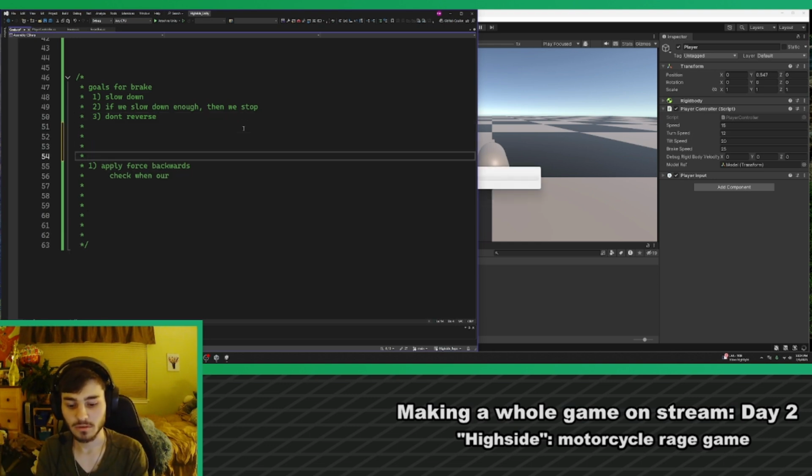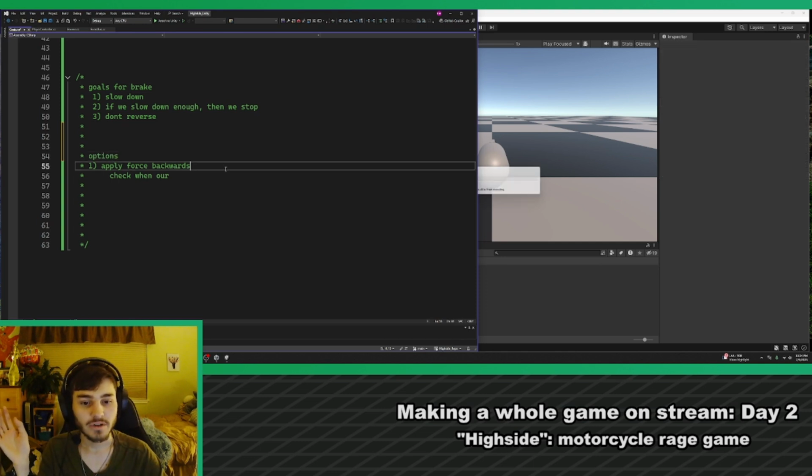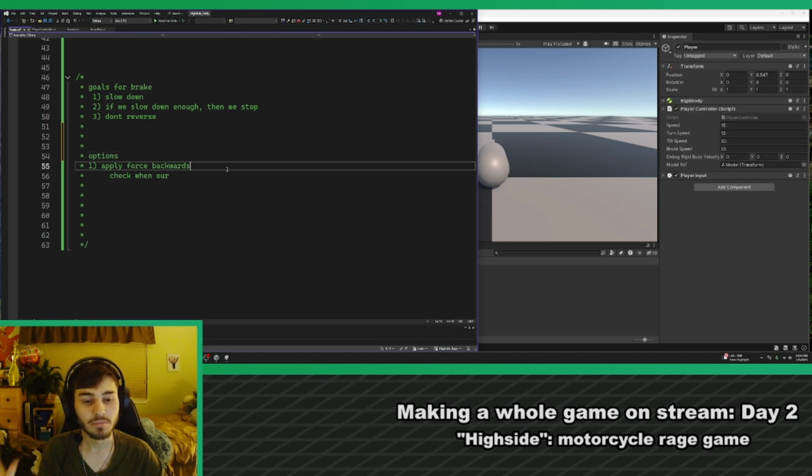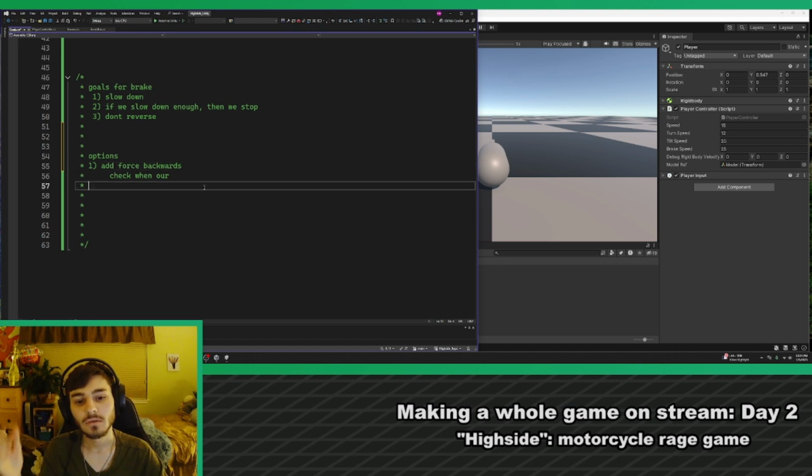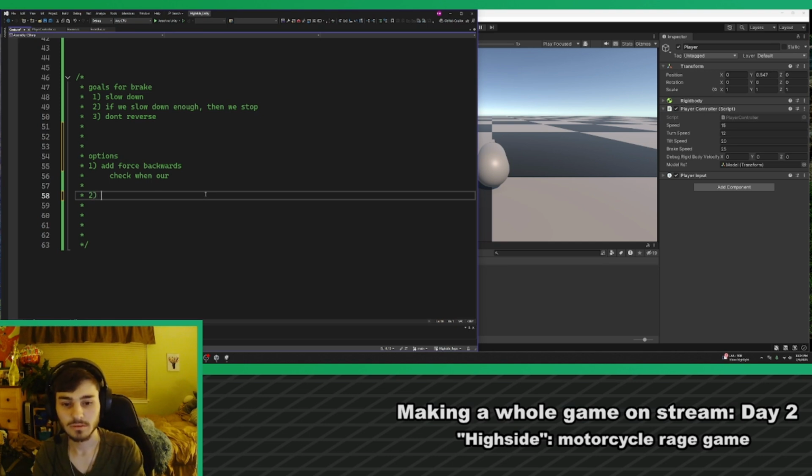So the first thing we can do is apply force backwards. We can divide our velocity.